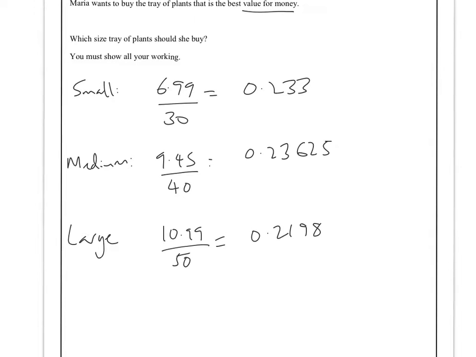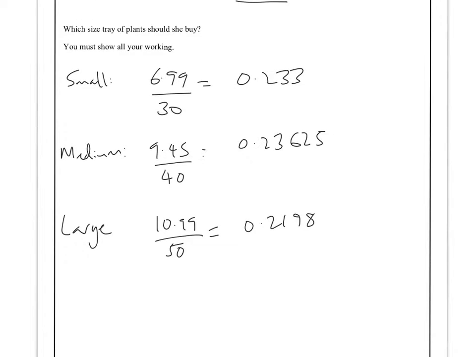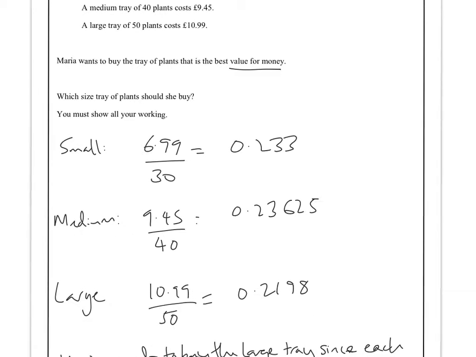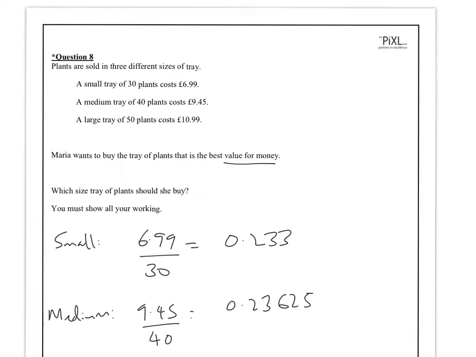So we can write a conclusion then, something like Maria needs to buy the large tray since plants in that tray cost below 22p, whereas the other sizes, each plant costs more than 23p. So we need to write it out as a sentence, just like this, because of this little star here. That tells us we need to do some written communication in the question.